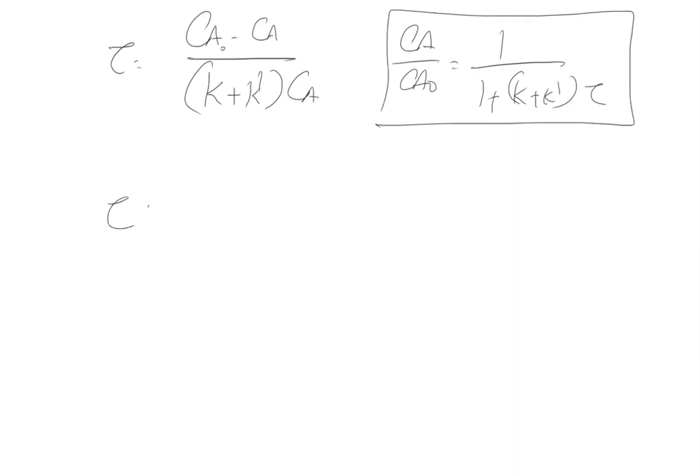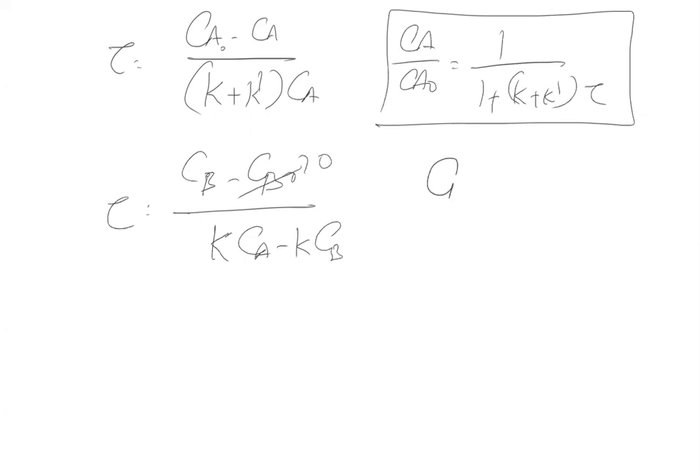What is tau with respect to B? CB minus CB naught divided by K CA minus K CB. What is CB naught? It is 0. What is CB by CA? K tau by 1 plus k tau.